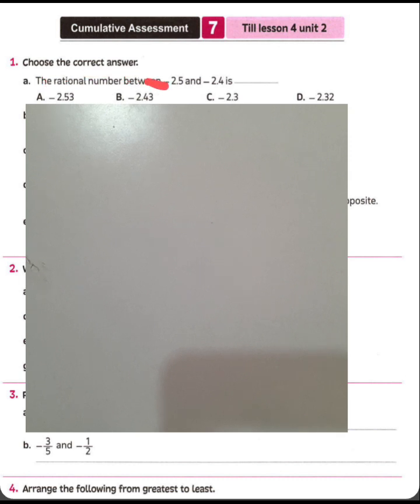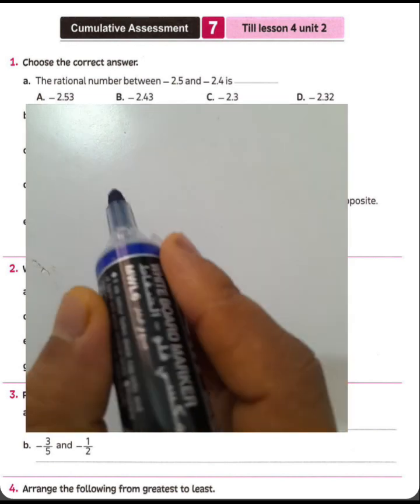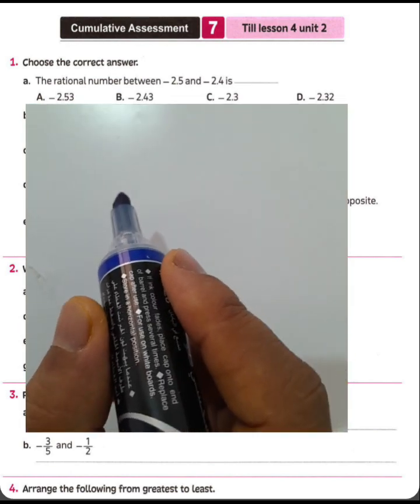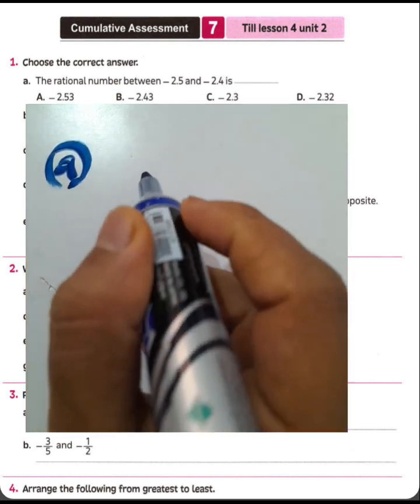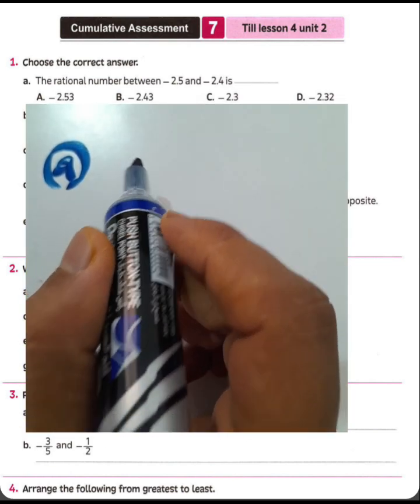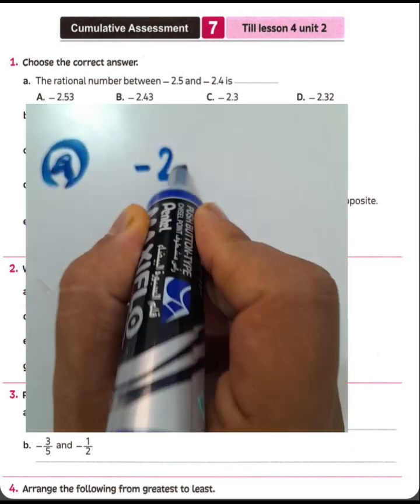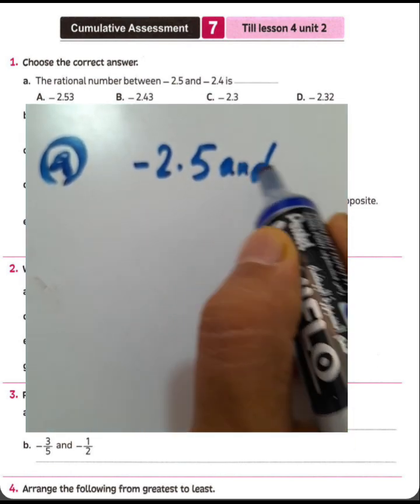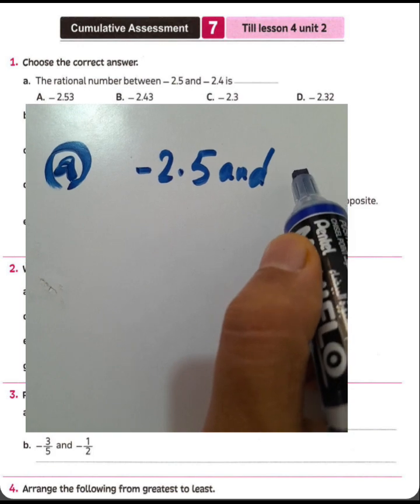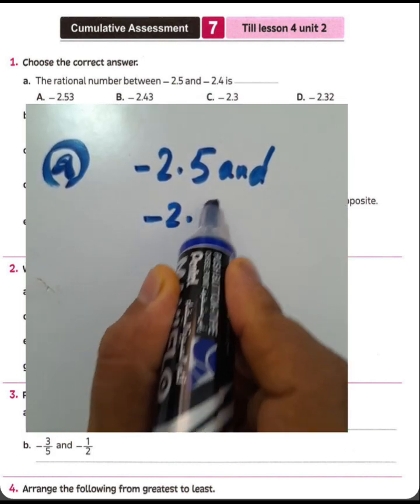The rational number between negative 2.5 and negative 2.4. We must put 0 behind the digits here. You want to find the rational number that lies between negative 2.5 and negative 2.4.